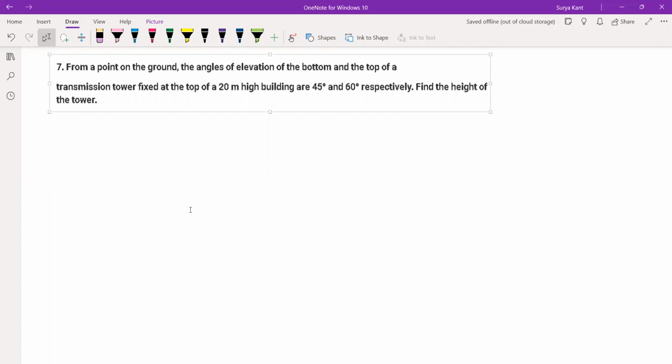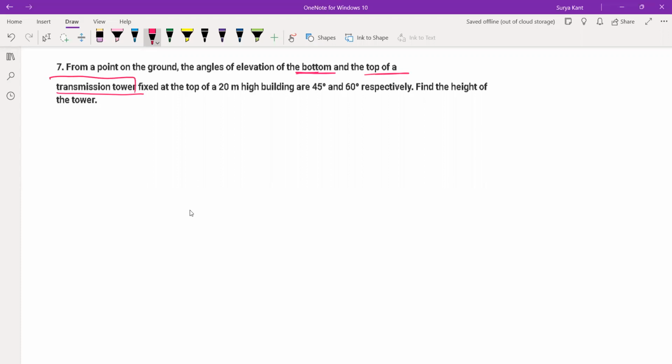So question number 7. Try to do the question. First you do the diagram. From a point on the ground, the angles of elevation of the bottom and top of a transmission tower fixed at the top of a 20-meter high building. See, there are two things over here, try to understand: the point on the ground, and you are seeing from the ground the angle of elevation of the bottom and the top.